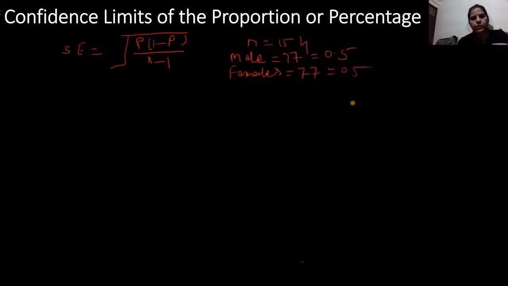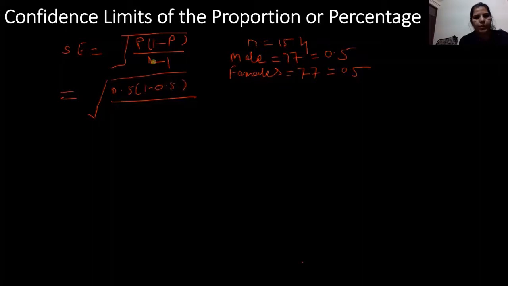So I'll use this proportion here: 0.5 times (1 minus 0.5) divided by n minus 1, which is 154 minus 1, so it will become 153.